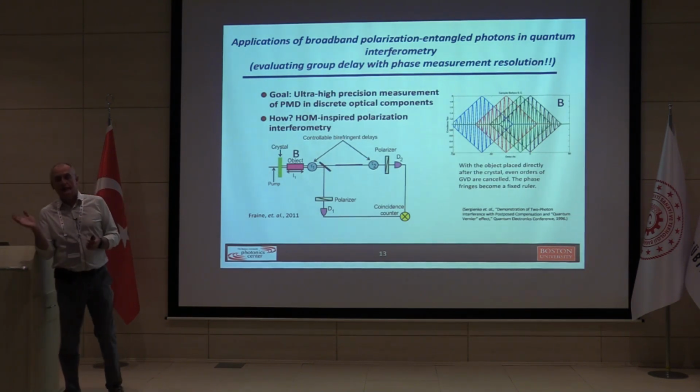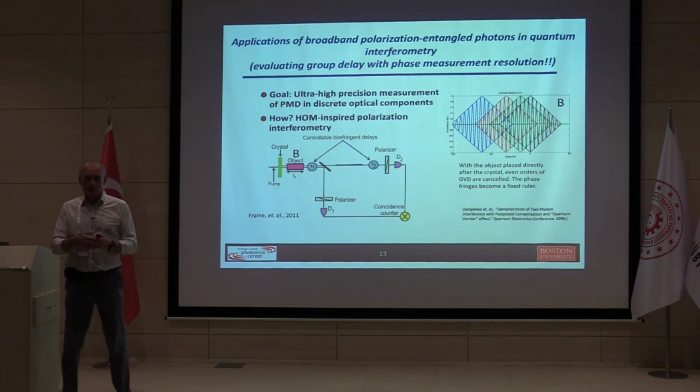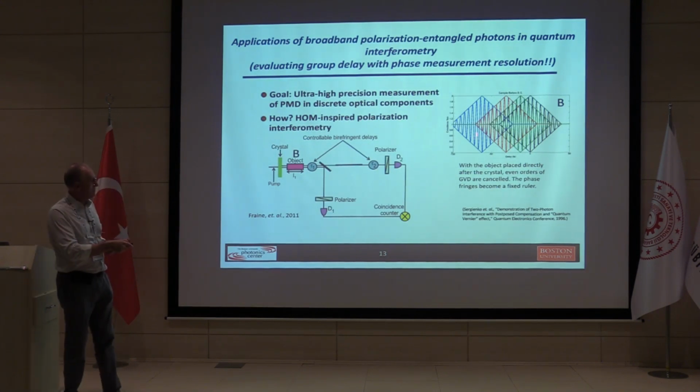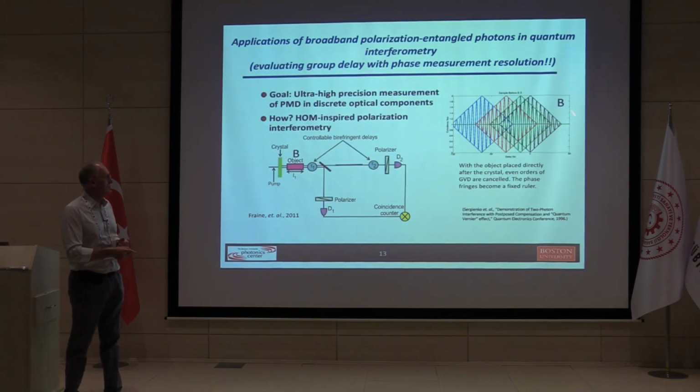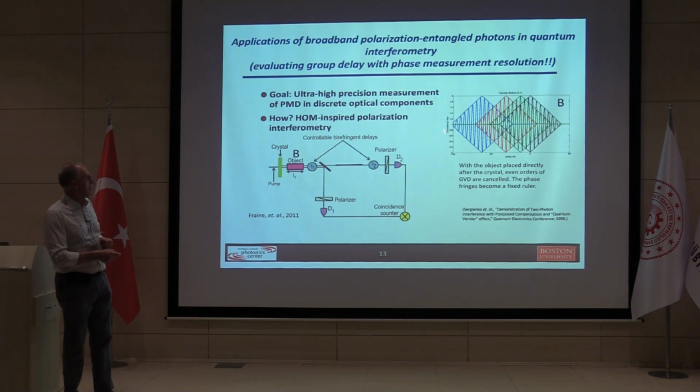So you impose the accuracy of the phase measurement through the small fringe onto the position of the group delay envelope of the signal.